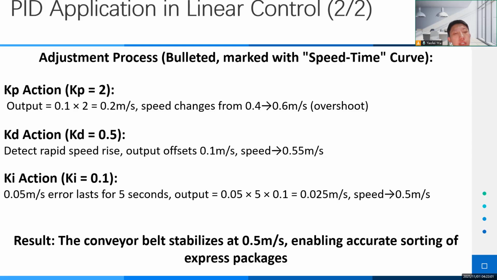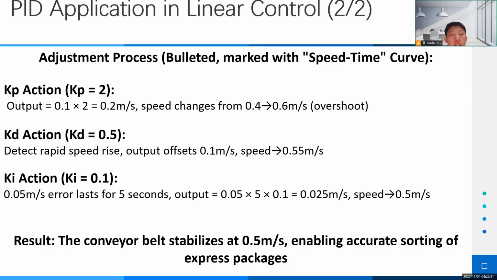3. Finally, KI fixes the small error. The error is now 0.05 and it lasts 5 seconds. KI is 0.1, so the integral output is 0.05 times 5 times 0.1, which is 0.025.